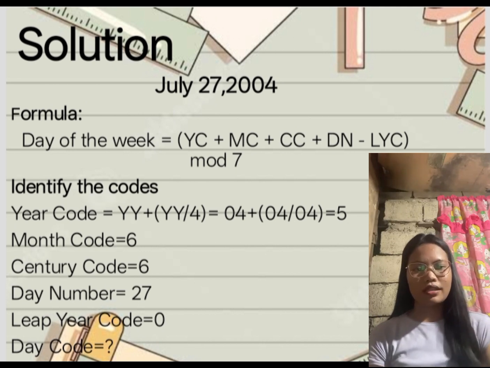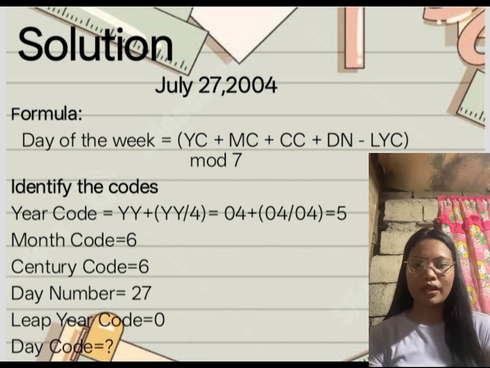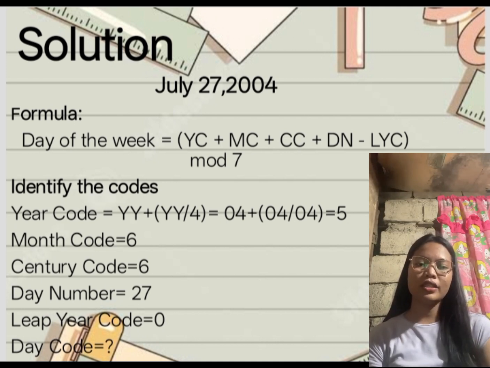Next is the month code. The month in the given problem is July, and it has the corresponding code, which is 6. Next is the century code. The year is 2004, and 2004 is included in the 2000s century, which has the corresponding number 6.